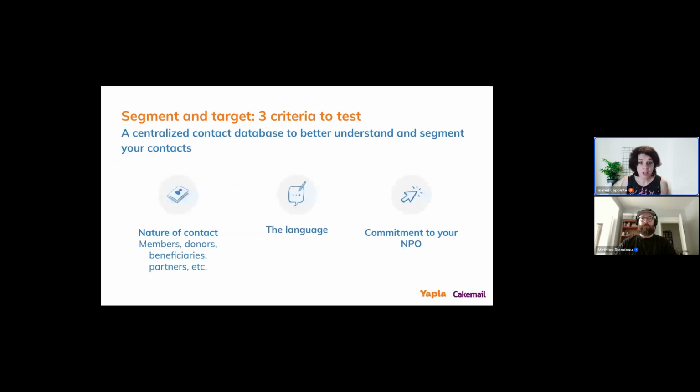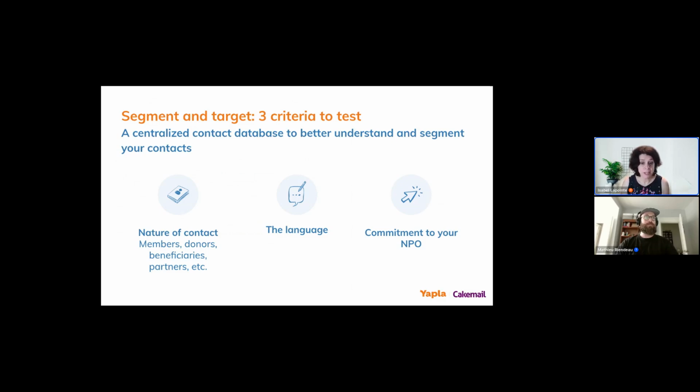There's a lot of things to do also around segmentation of your contacts. You're talking to different types of contacts: members, donors, beneficiaries, partners. So you don't send them the same content. It's important to identify them in your account and to send them the appropriate content. Use the right language.